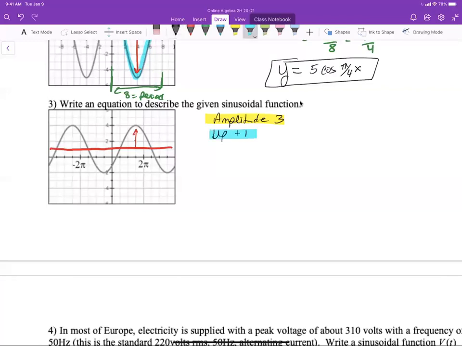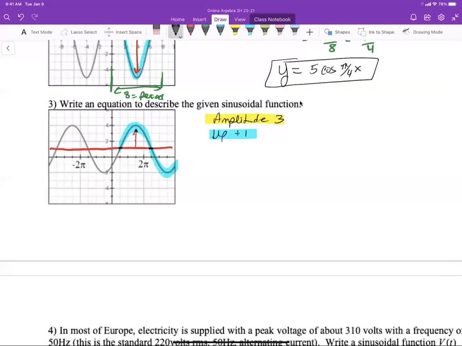Let's go ahead and do, I'm going to pick cosine. Actually, I'll pick sine first. I'm going to pick sine, so I start at the center line.